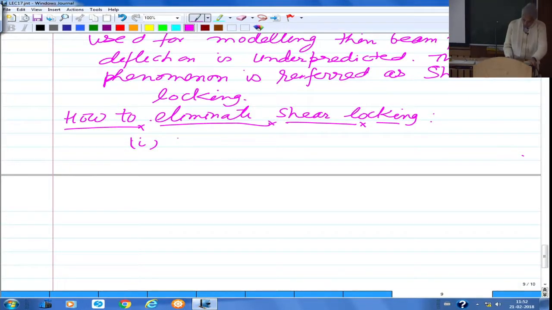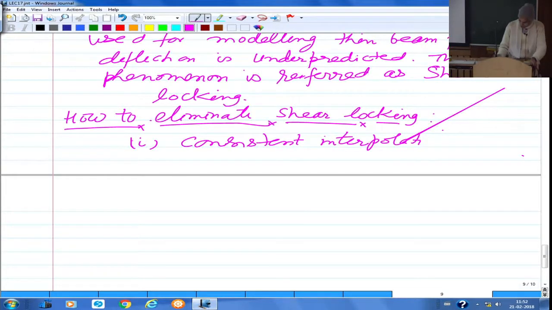That is one way. That is known as consistent interpolation of v and theta z.